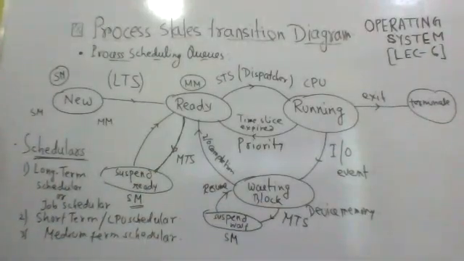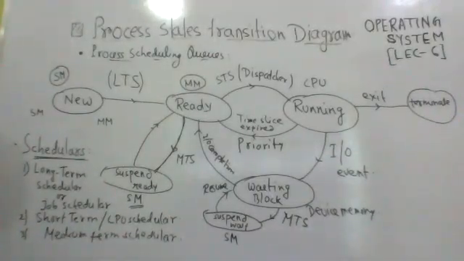So these are the three types of scheduler. Please remember it. From new state to ready state, it is the long-term scheduler. From ready state to running state, we have the short-term scheduler and a different module called the dispatcher. From ready state to suspend ready, this is the medium-term scheduler.